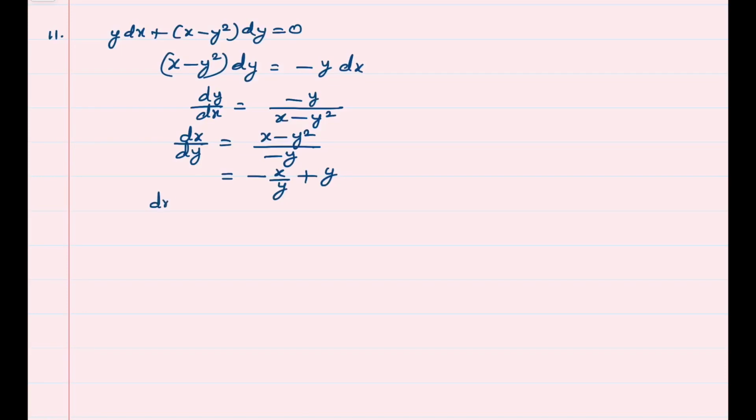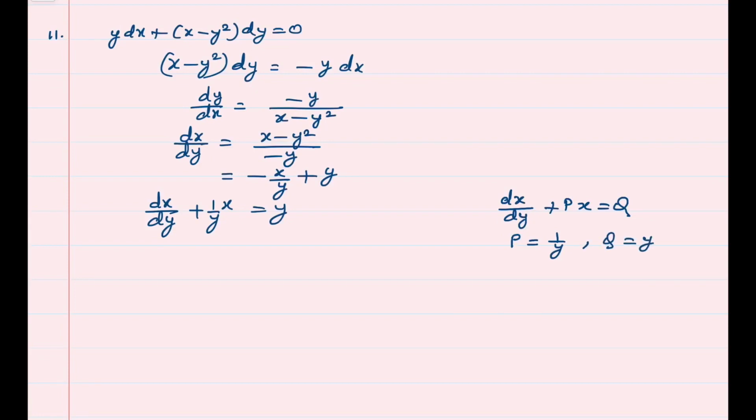Therefore, dx by dy plus x over y equal to y. We have written this differential equation as dx by dy plus px is equal to q, where p and q are functions of y or constants. Here p is 1 divided by y and q is y. Here they are the functions of y.